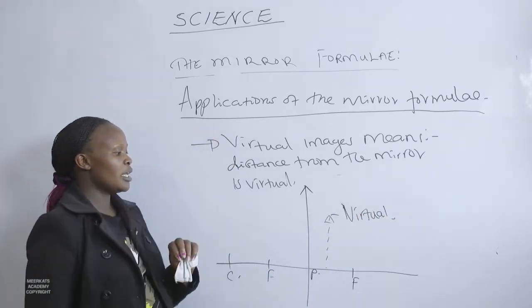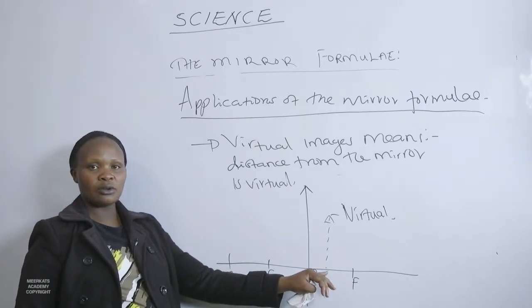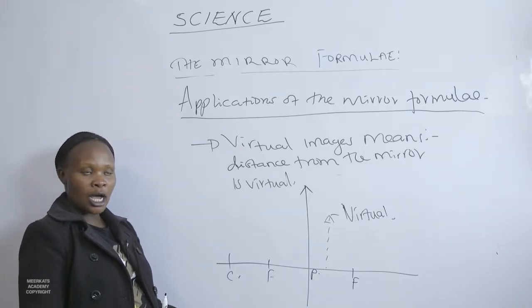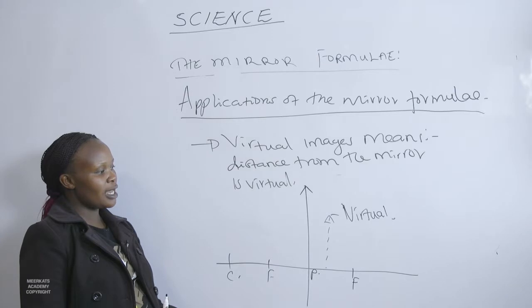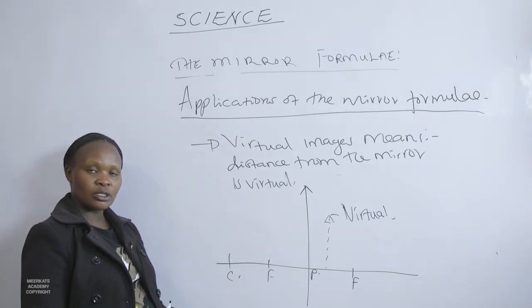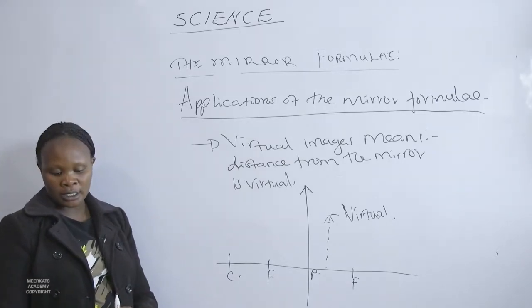Now, it means that the distance from the pole to where the image is located is also virtual. And if the distances are virtual, even the height is also virtual, because the image as a whole is not real.